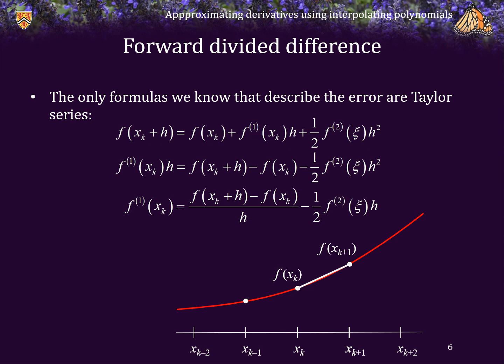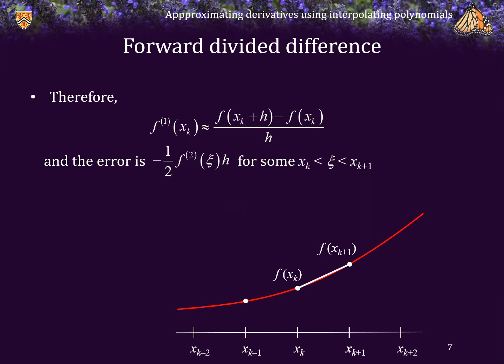And now we have that the derivative at x sub k is equal to this approximation we just calculated with the given error term. Now here, psi is some value between x sub k and x sub k plus h. Therefore, we have the following approximation of the derivative, and we even know the error. Now, the error is a constant negative a half, times the second derivative evaluated at some point between x sub k and x sub k plus 1.